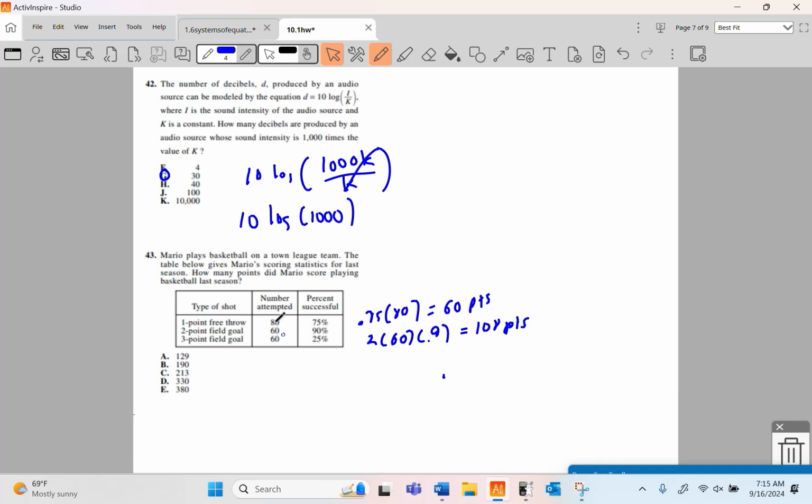And he hit a quarter of his 3 points. So 3 times 60 times 0.25, which is what, 45 points. So what we got here? We got 105, 108, 213.